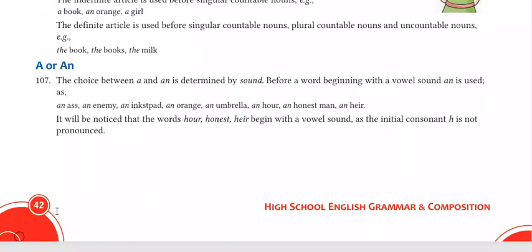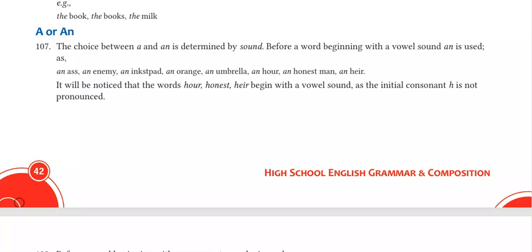Let's talk about a or an, how they are used. The choice between a and an is determined by the sound. So whenever you're using a or an, you have to look at the initial sound. How? Before a word beginning with a vowel sound, an is used, as in an enemy, an ink pot, an orange, an umbrella, an hour, an honest man, an heir.